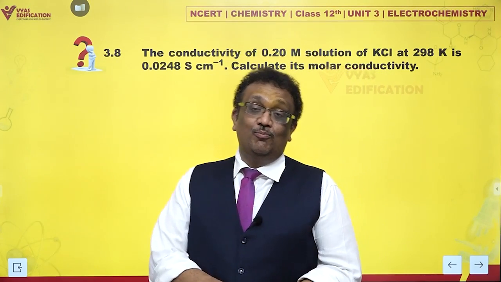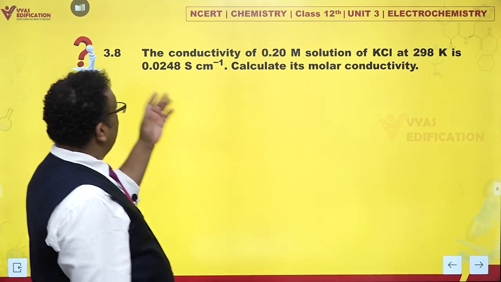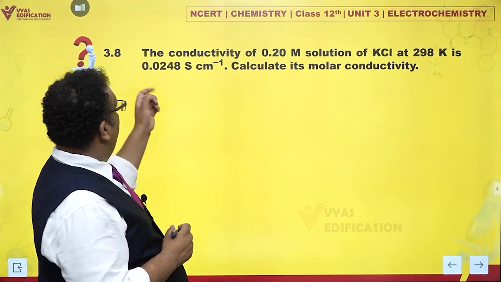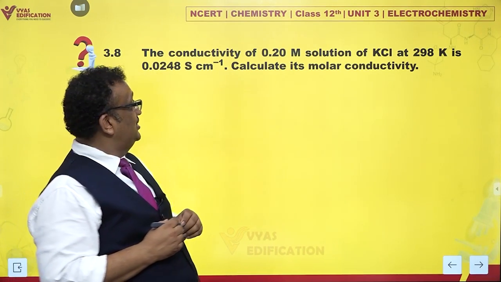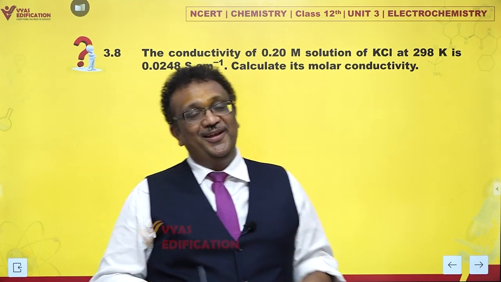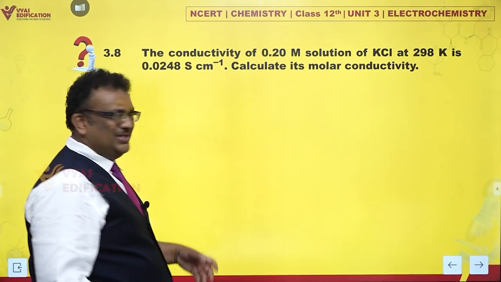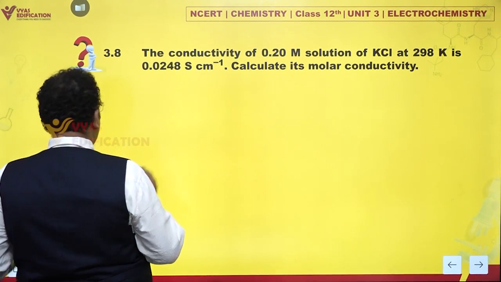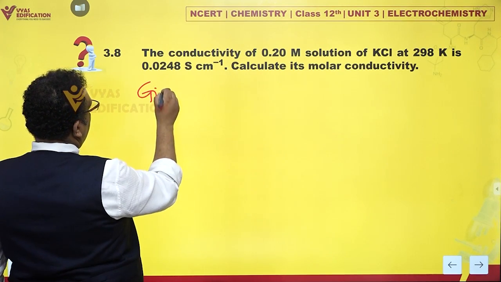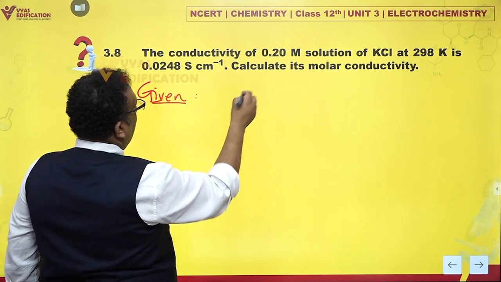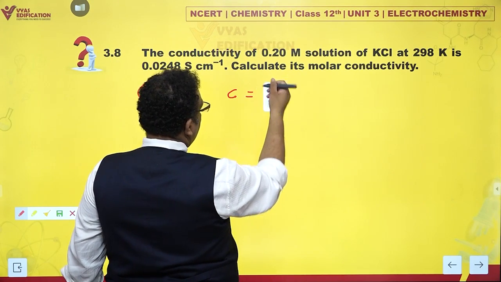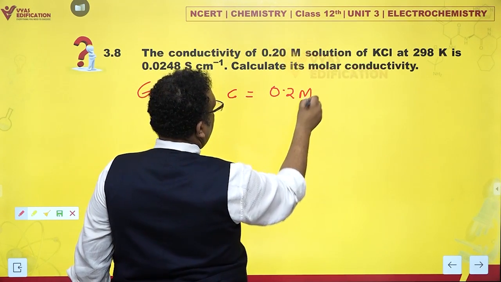This question talks about molar conductivity. What does it say? The conductivity of 0.2 molar solution of KCl at 298 Kelvin is 0.0248 Siemens per centimeter. Calculate its molar conductivity. How do we do this? Well, it's just substitution and formulae. First, let's write down what is given to us. Concentration is 0.2 molar.